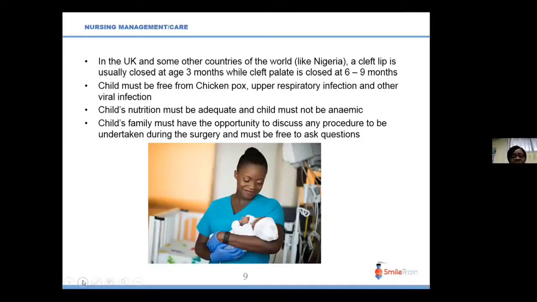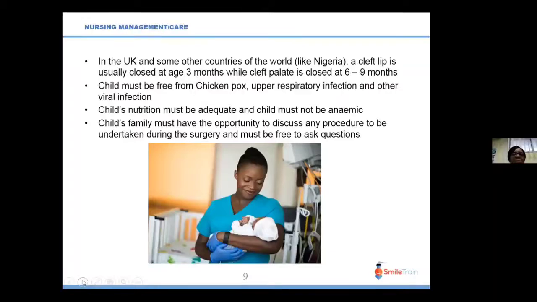Child nutrition is important. These are the things you look into while bringing this child in for surgery. The child must be adequately fed and make sure the child is not anemic. The family must have an opportunity to discuss any procedure to be undertaken during the surgery and must be free to ask questions, because some came based on the belief of the cause of this condition.